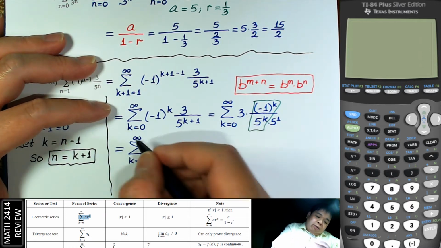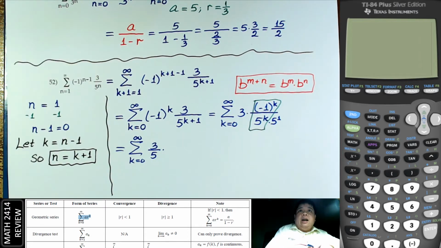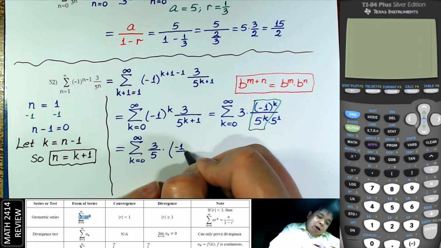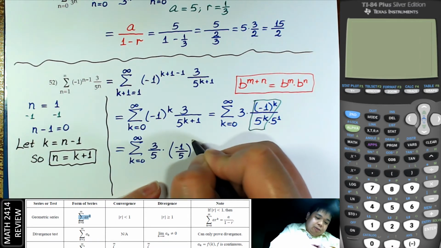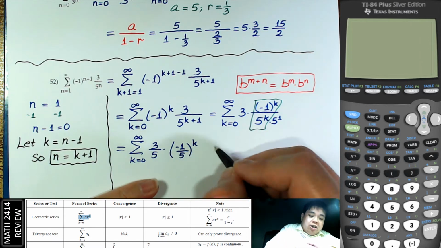So 3 over 5 to the first, or just 3 over 5. And now -1 and 5, both of them under k. So I can write it like this. And so it is in the right form now.